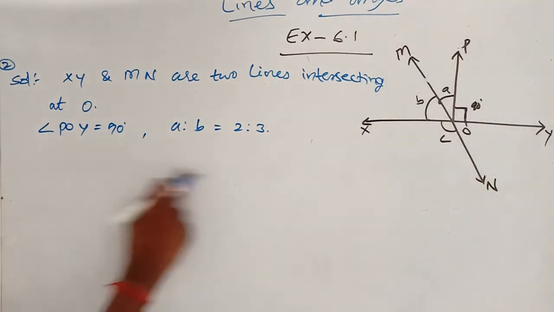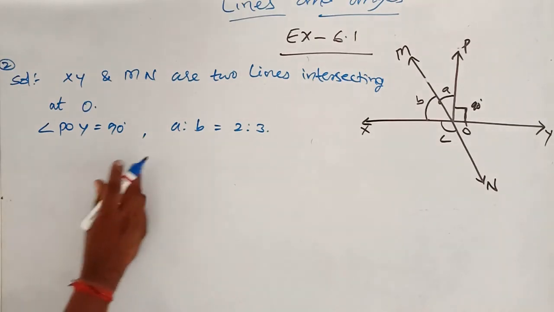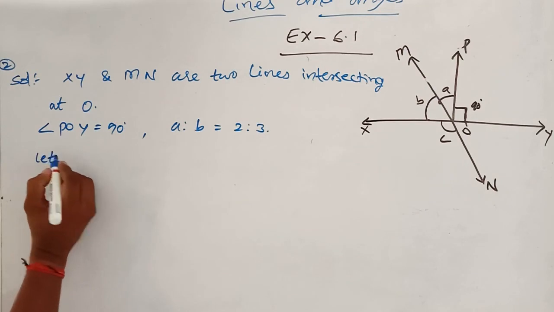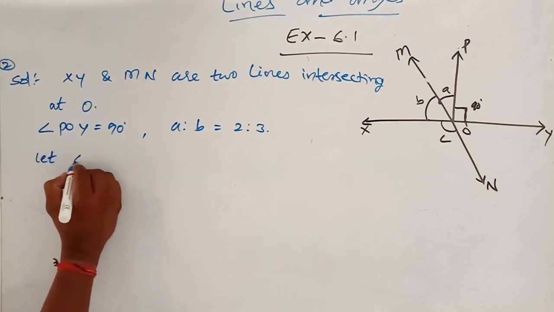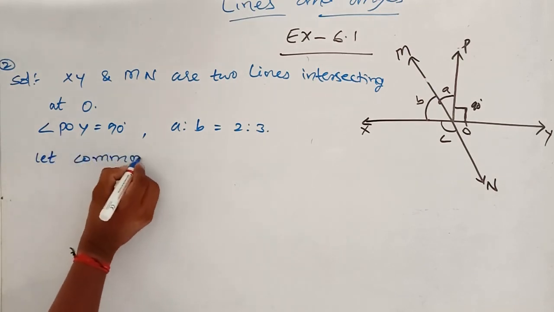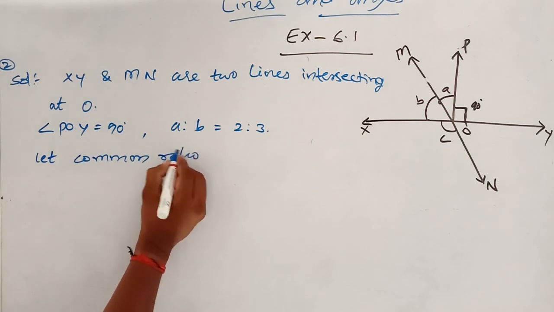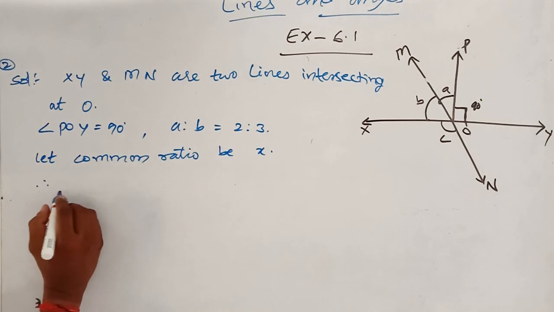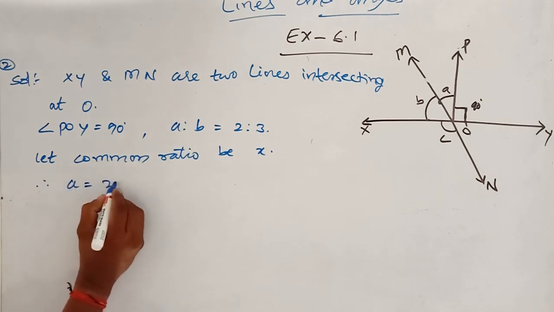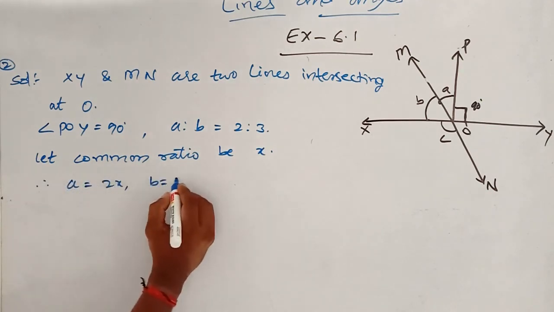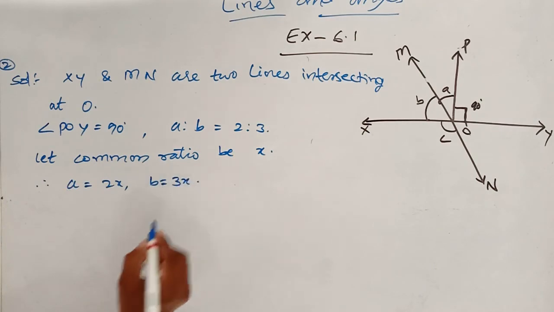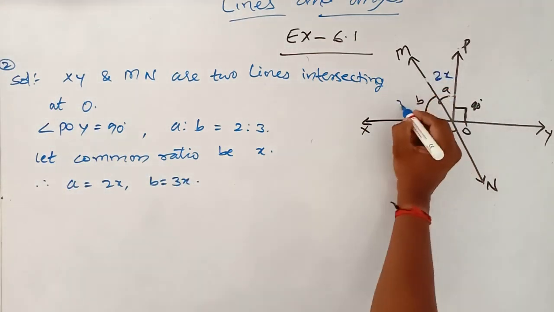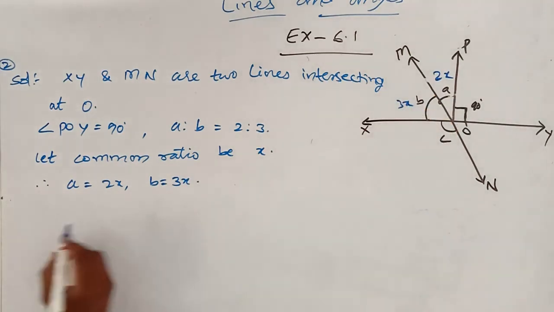But before that, first I am going to calculate A and B values. If the ratio is given, I am going to take the common ratio. Let the common ratio be x. So therefore A is equal to 2x, B is equal to 3x. Now I got A value is 2x and B value is 3x.